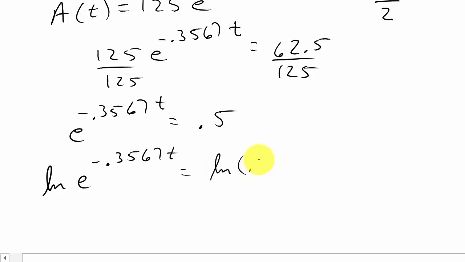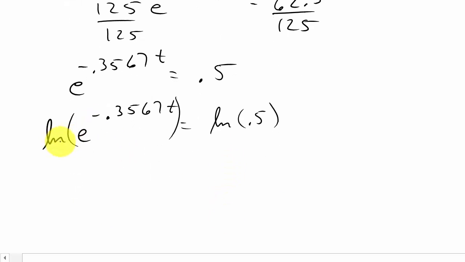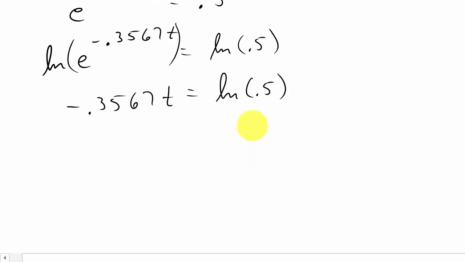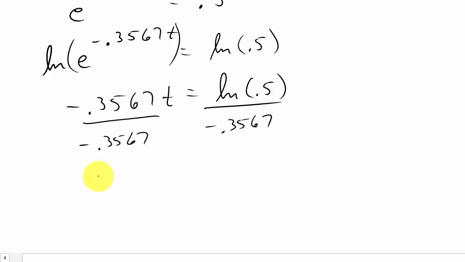Remember from earlier, the natural log of e raised to this power is just negative 0.3567 t, which is equal to the natural log of 0.5. I divide both sides, and I get t equals, and I'll punch this into my calculator, natural log of 0.5 divided by negative 0.3567.